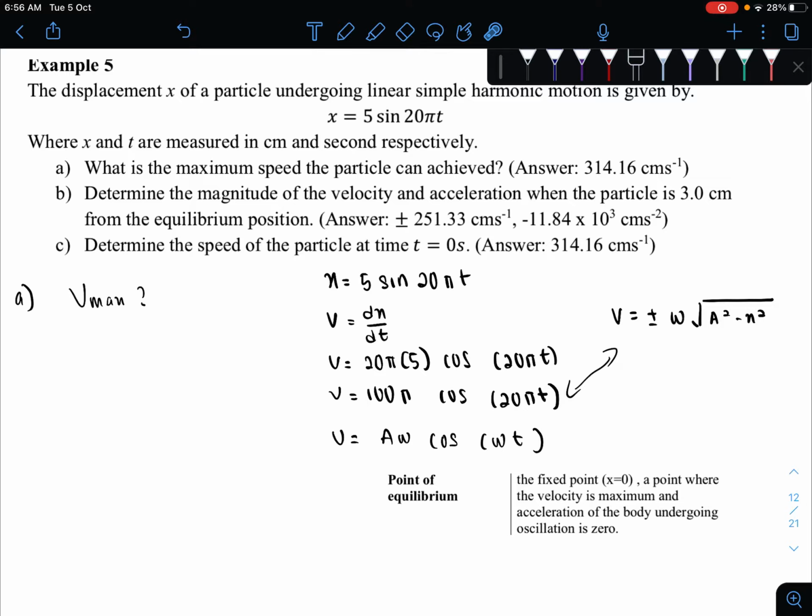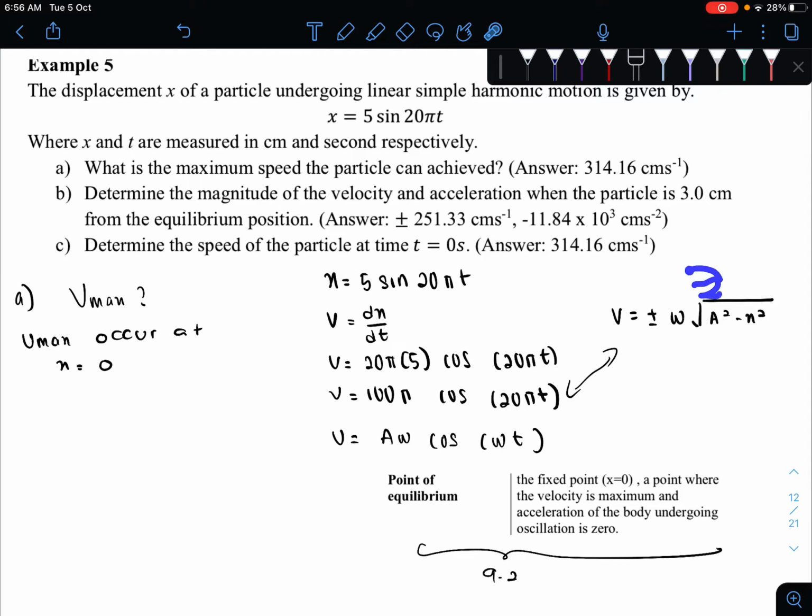Maximum velocity can be achieved when our displacement is zero. You will also encounter supporting information for this part when you look at 9.2, graph of simple harmonic motion. So for now we must understand that v maximum occurs when our displacement is equal to zero.